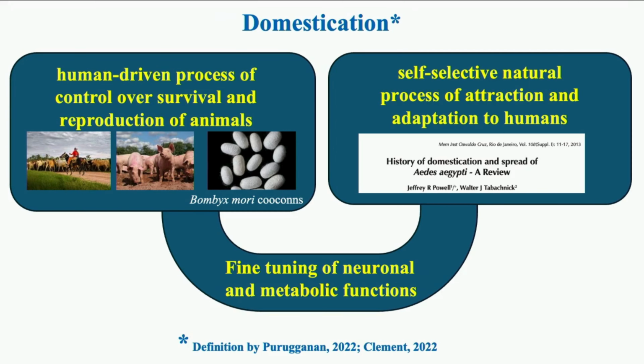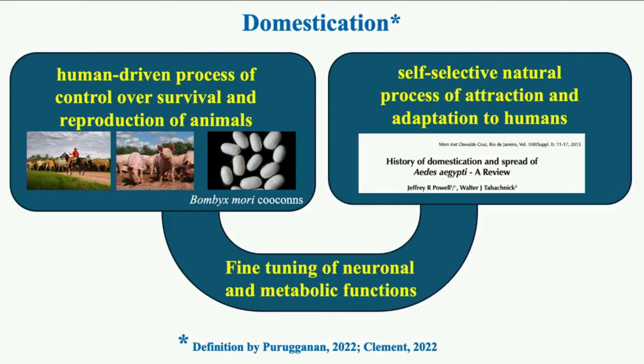What we think most is the other process, the human-driven process of control over the reproduction and the survival of animals. And this has been happening since the Neolithic time with animals such as pigs or rabbits, but also insects like the Bombyx mori, which produce silk.